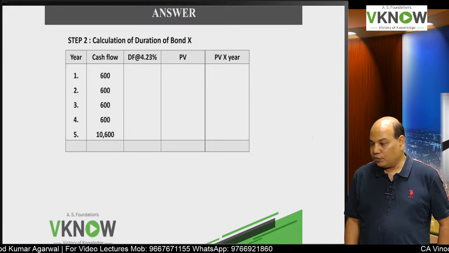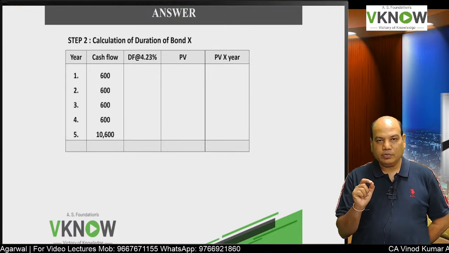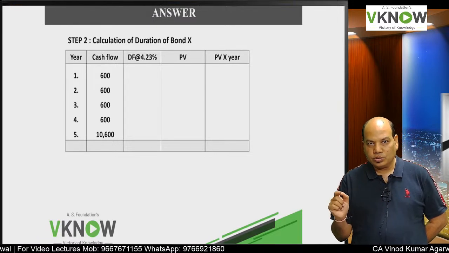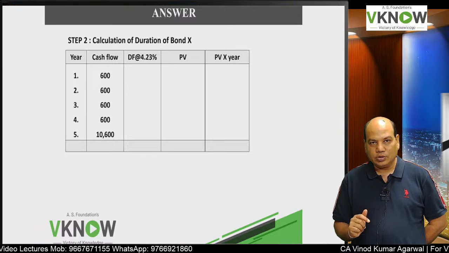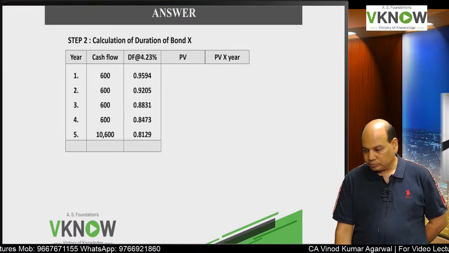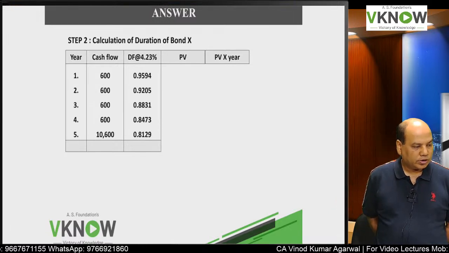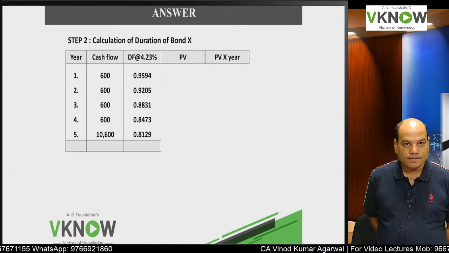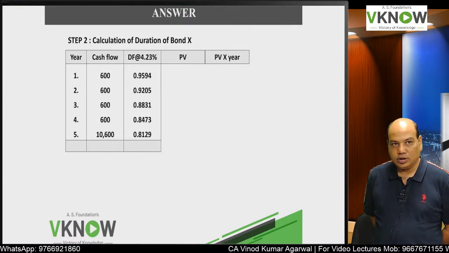Take the factor at 4.23%: 1 divided by 1.0423 equal to, write the factor, and keep writing the factors. So these are the factors. Now just kindly multiply and add.